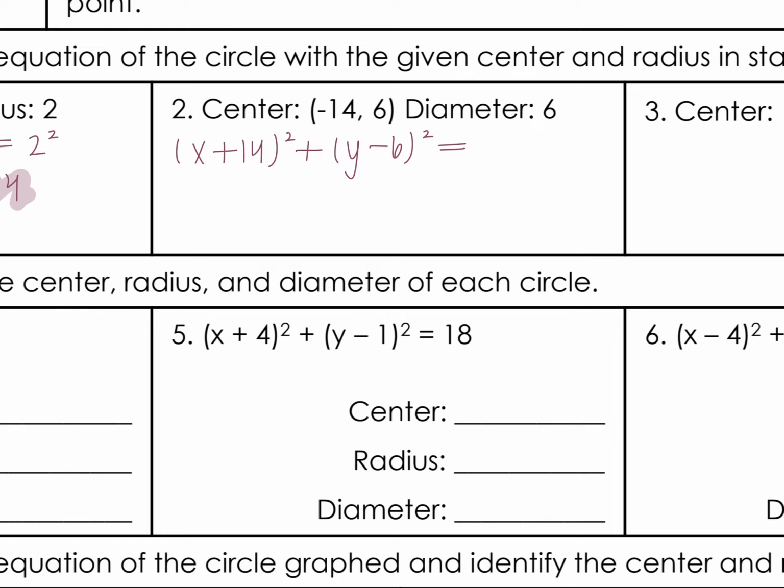So right now we currently have 6 for our diameter, and so we're going to take half of that and we are squaring it. So 6 divided by 2, and then we'll square it. Okay. And so my final answer would be x plus 14 squared plus we'll have our y minus 6 squared is going to be equal to 9.